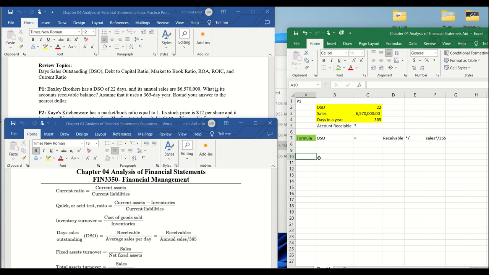How can you get it? We have values for DSO. We have values for accounts receivable? No, we don't have it. That's our question. And we have sales divided by 365. So if this is our formula, how can we get accounts receivable?